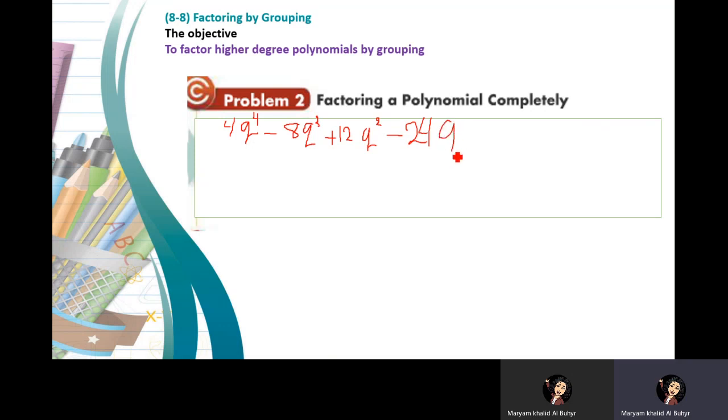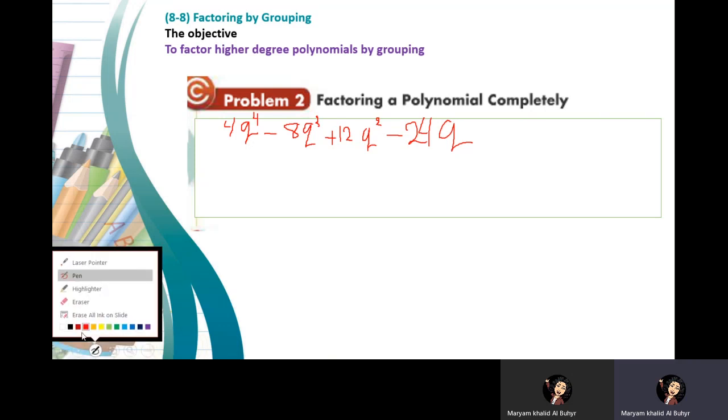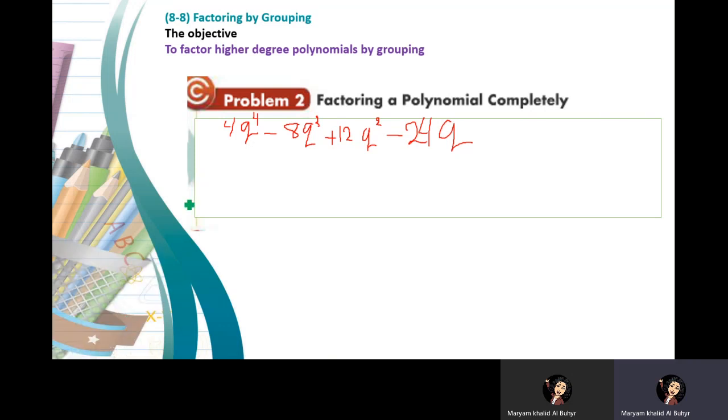If you scan or just have a look at all the terms that you have, you will notice that there is a common factor between all of them, which is this 4, and 1q. The greatest common factor between all these terms is 4. And for the variables, you have to take the lowest power.